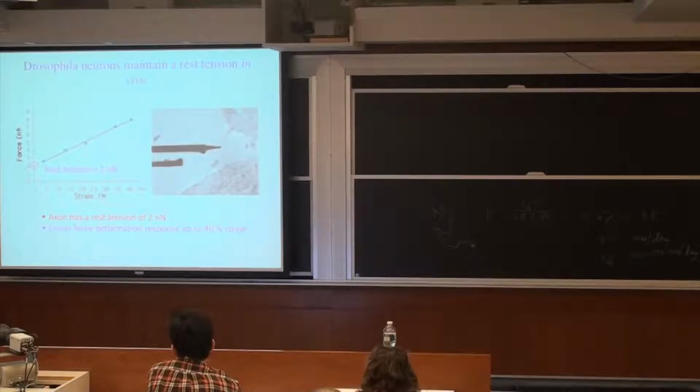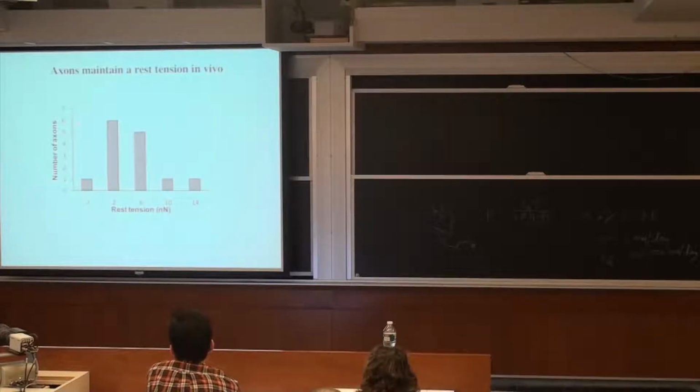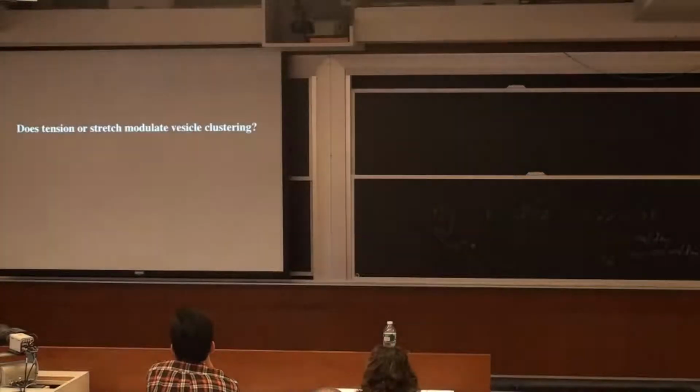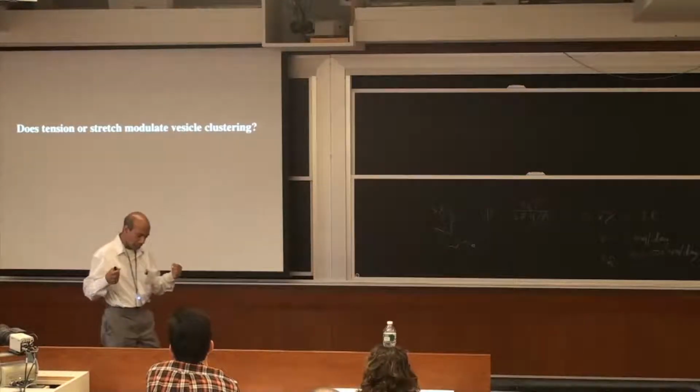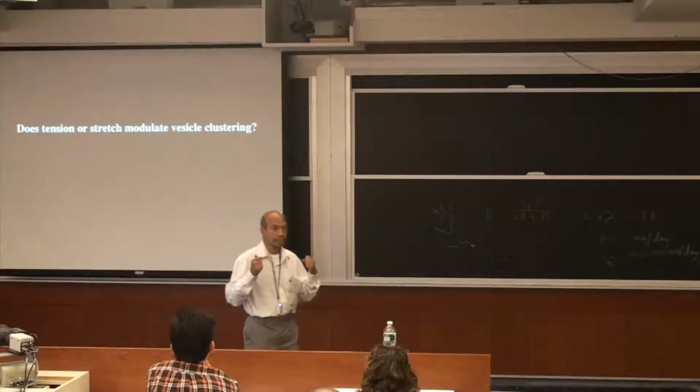Okay? And if you do many, many experiments, you see the tension is about 5 nanonewtons. So, very quickly, what I have shown is these axons are under tension in vivo.